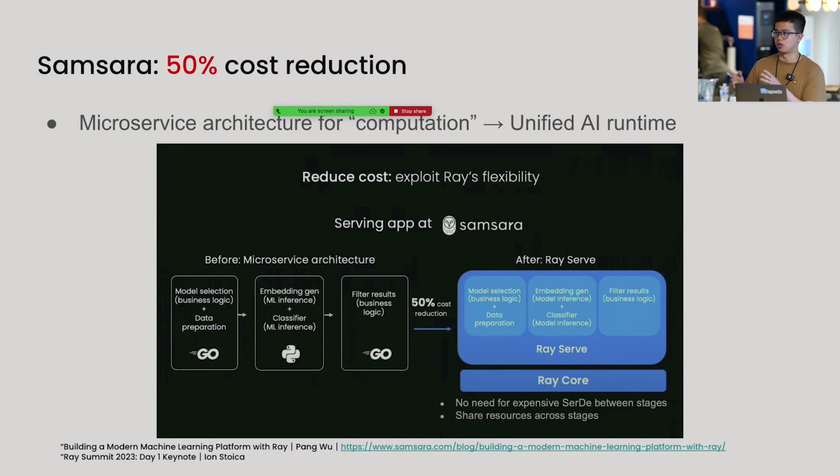Then they decided to use Ray Serve and Ray Core to make them work together. So it can save the serialization and deserialization cost between the different microservices, and they can share resources between the stages. So they achieved a 50% cost reduction. For more detail, you can see the Samsara engineering blog.